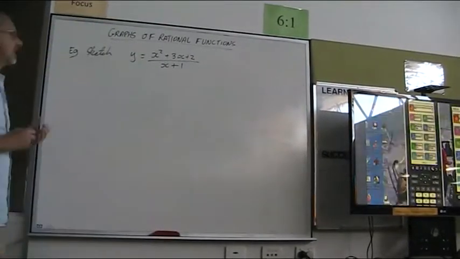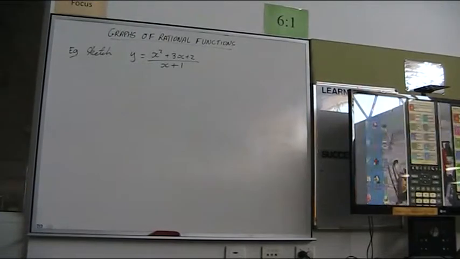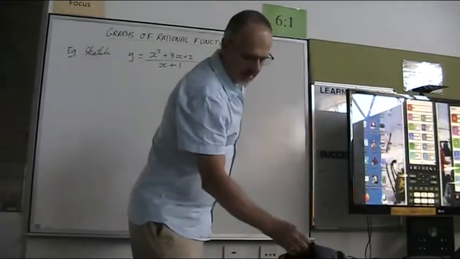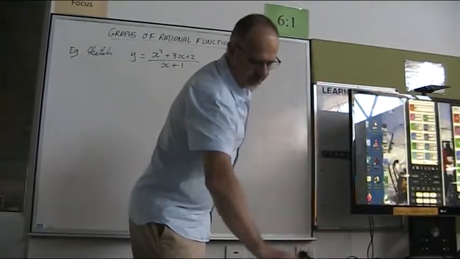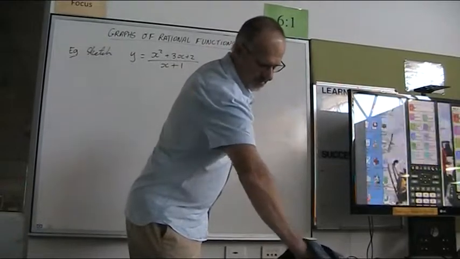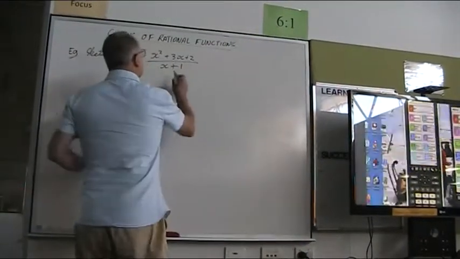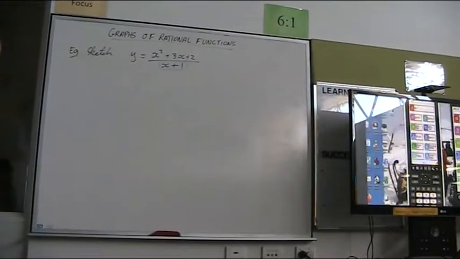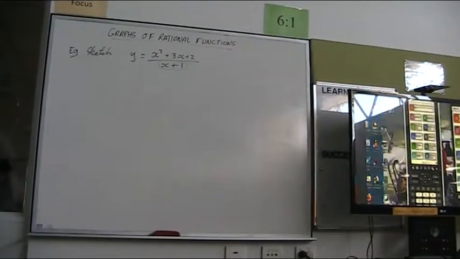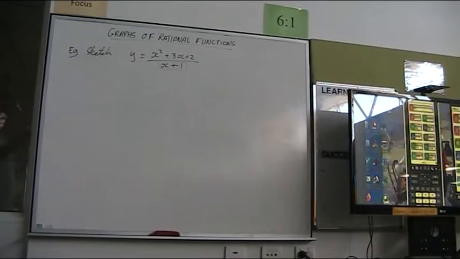All right, so straight away, when we look at something like this, and we see that there's a term on the bottom, the x plus 1 on the bottom here, we've already got a restriction on our implied domain.